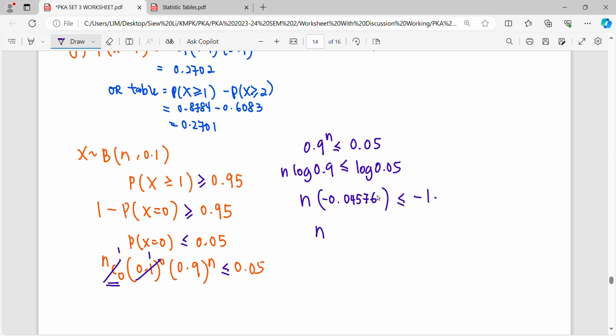Okay. Then only move your negative value, change sign again. When you divide by a negative value, change your sign. So your n has to be greater than or equal to 28.43. So how much is the sample here? n needs to be taken as 29 samples.